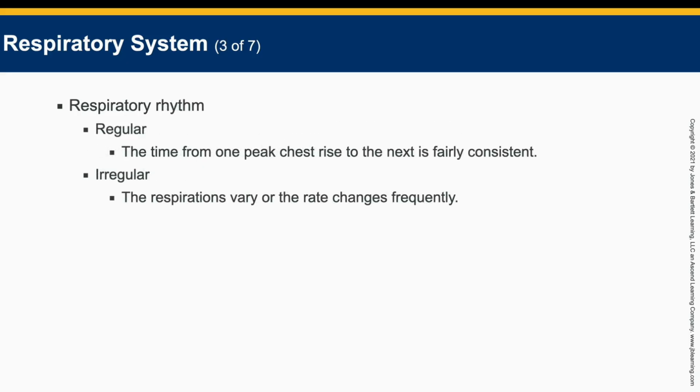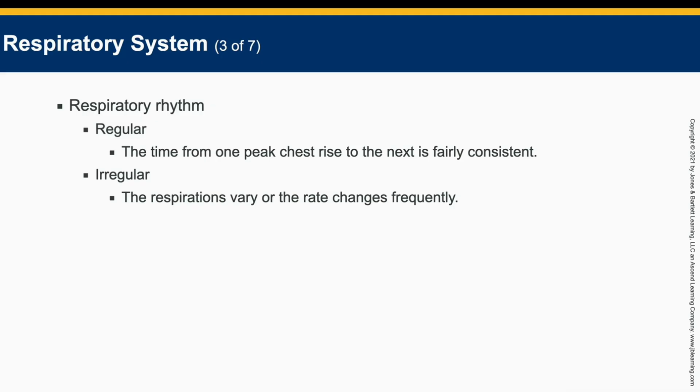Another important part of assessing breathing is evaluating the respiratory rhythm. Respiratory rhythm refers to the pattern and regularity of the patient's breathing. A regular respiratory rhythm means the time between each breath, or the time from one peak chest rise to the next, is fairly consistent and predictable.